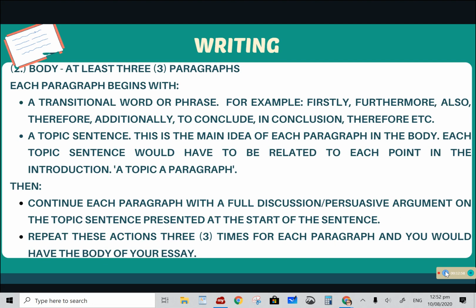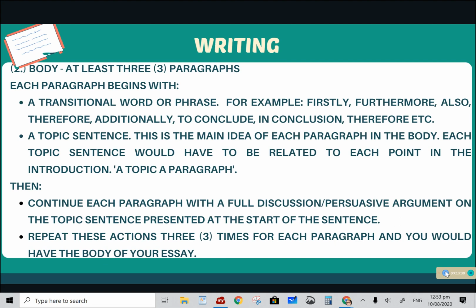In your introduction, you must introduce 3 arguments. And now your body must have 3 paragraphs. So I guess by now you should realize that there is a pattern being formed there. That the same 3 points that you came up with in your planning would be introduced in your introduction. And now we are going to show how it can be explained in the body of your essay.